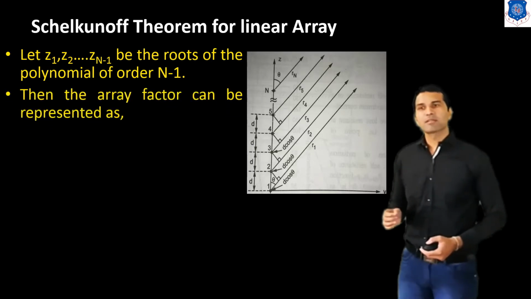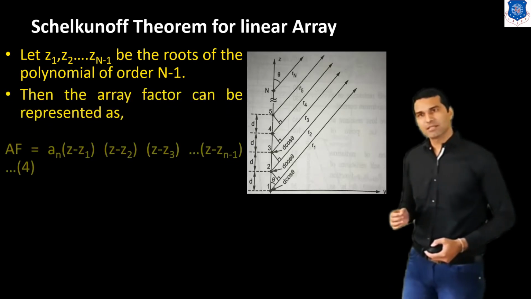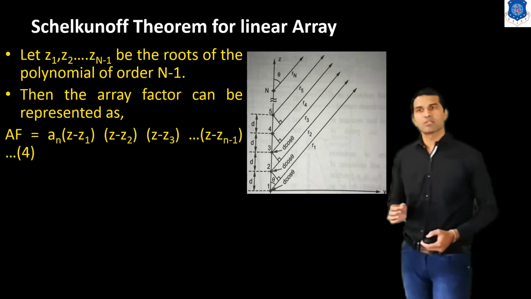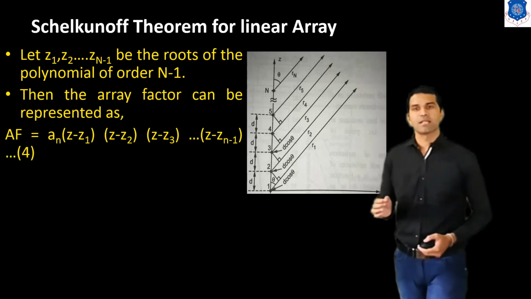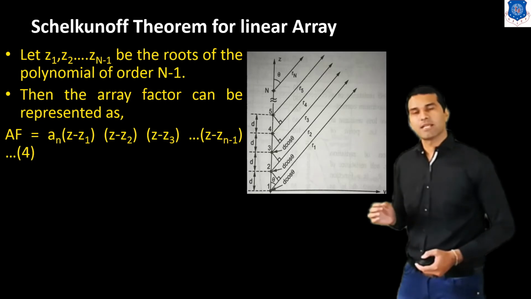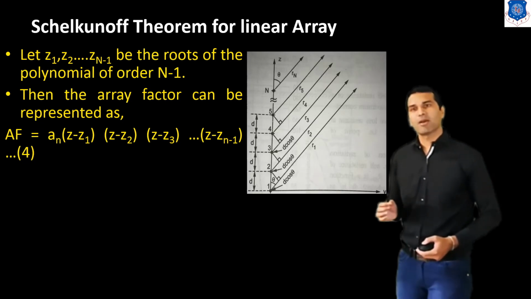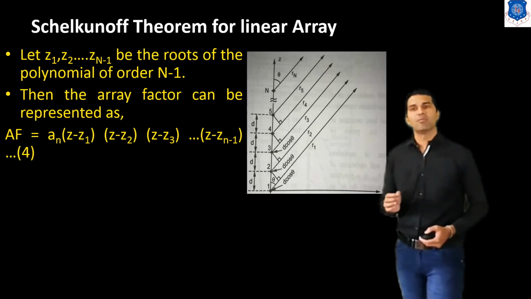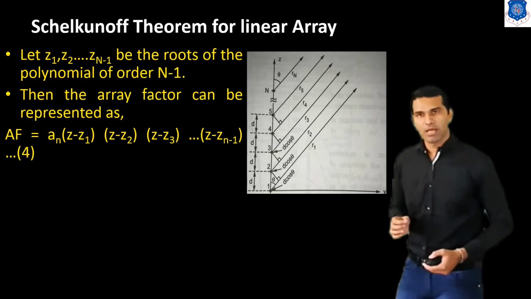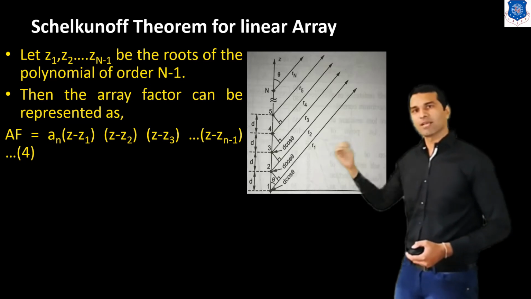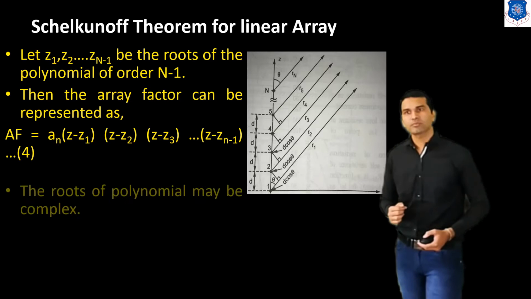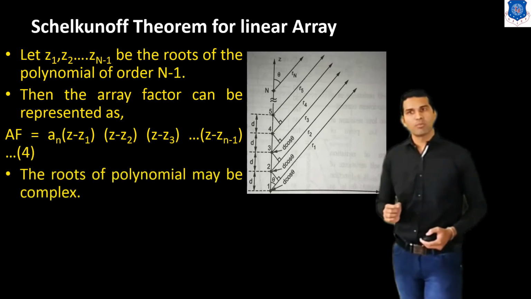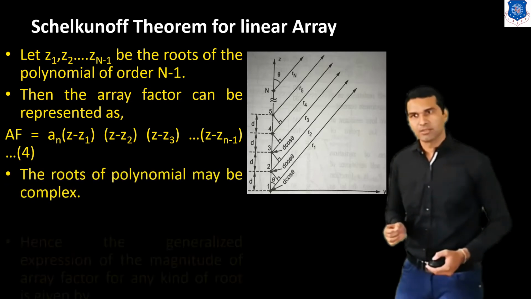Then the array factor can be represented as AF equals a_N (z minus z1)(z minus z2)(z minus z3) up to (z minus z_(N minus 1)). We give this as equation number 4. The roots of the polynomial may be complex.